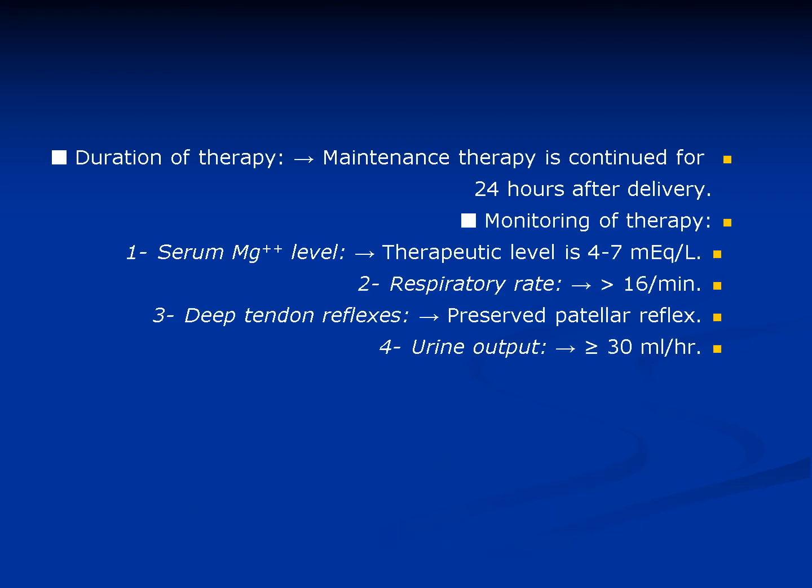Monitoring of magnesium sulfate is by the respiratory rate, the urine output, and the tendon reflex. In the presence of the patellar reflex, urine output must be more than 30 milliliters per hour. We note that magnesium sulfate has a cumulative effect, so we maintain therapeutic levels of 4 to 7 milliequivalents per liter.